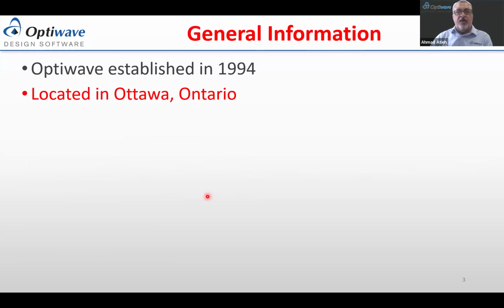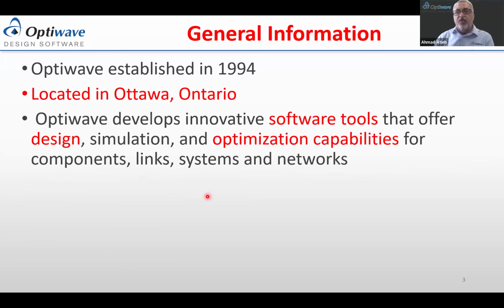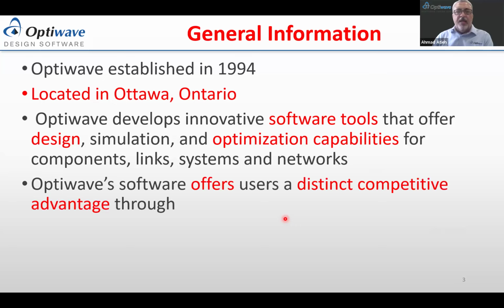Okay, Optiwave was established in 1994. It's a company over 30 years old, and we are located in Ottawa, Ontario. We do software, and mainly our software tools are used for designing, simulating, and optimizing components, links, systems, and photonics optical communication networks.